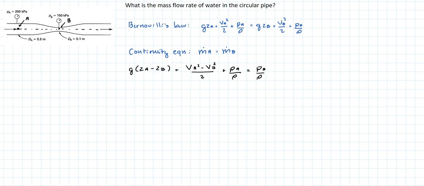So this first term is equal to 0 because the delta in height is 0.